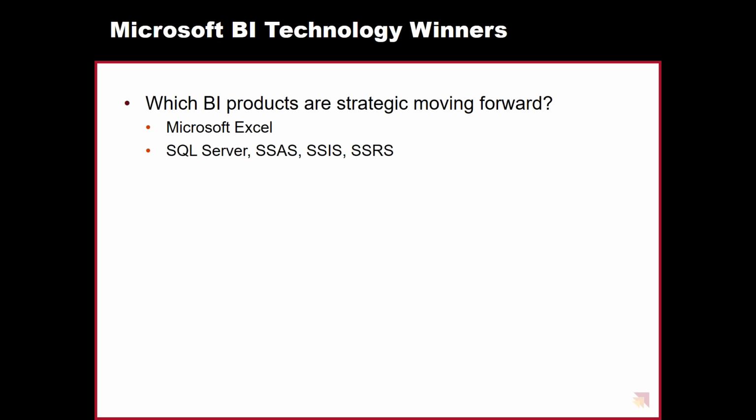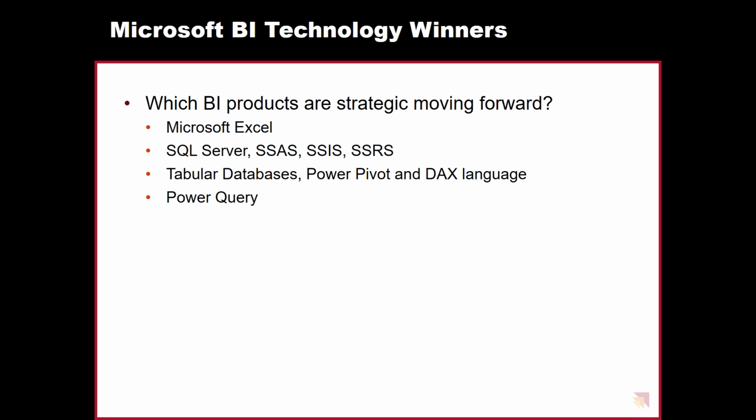Now, let's quickly go through, of all those products we just looked at, which ones does Microsoft like? Which ones will Microsoft be investing in and making better and better? So definitely Microsoft Excel, SQL Server and Analysis Services, Integration Services, and Reporting Services. Tabular databases are definitely a big focus of Microsoft's investment. Now, they have PR statements saying multi-dimensional databases are not dead.